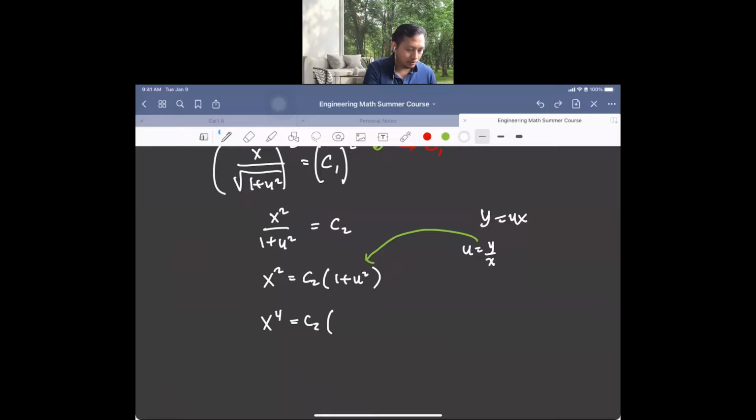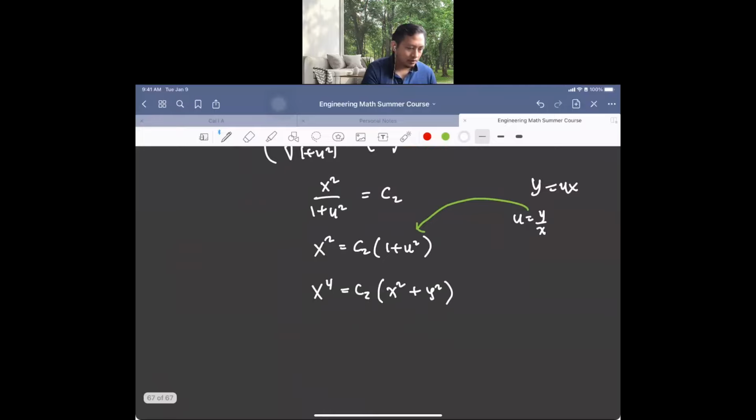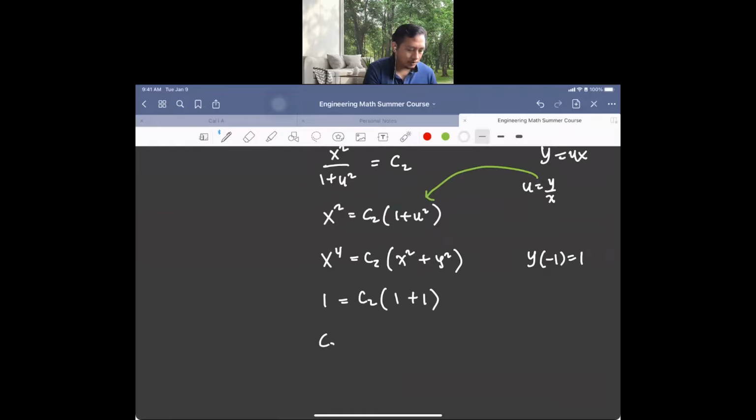This will be multiplied with x squared plus y squared, right? And then we have this initial value. So when x is -1, so c is 1 over 2, right?